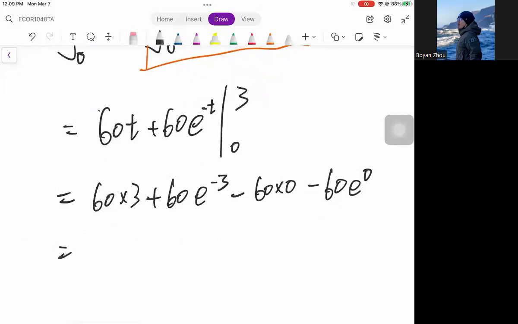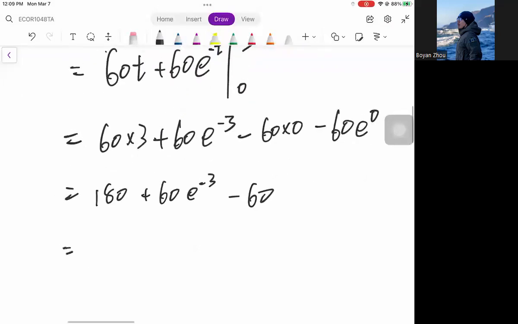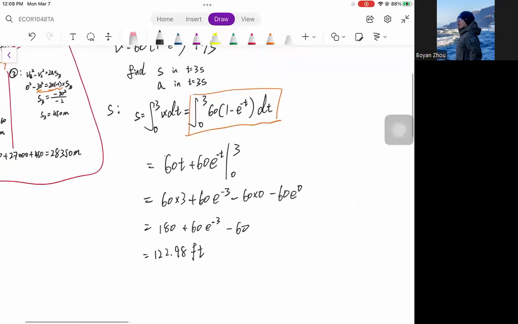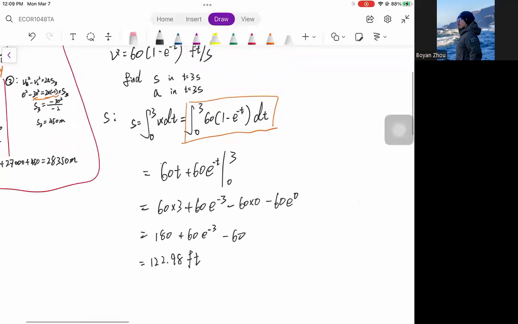So that is 60 e to the negative 3, and minus, this one goes to 0 and the other one is 60. So the solution is 122.98 feet. That is how we find the displacement s, just using this formula.